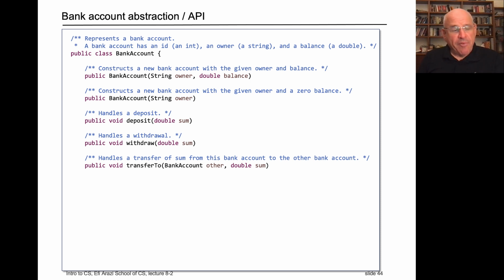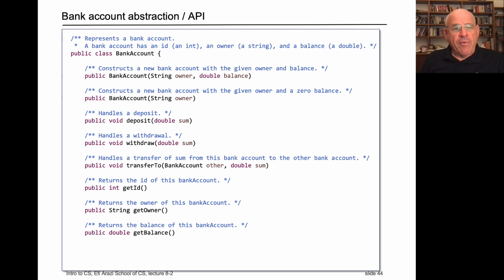And then we'll have some financial functions or methods like deposit money into this bank account, the current bank account, withdraw money, transfer money from this bank account to another bank account. These are void methods. They don't return a value, but they do something very useful.